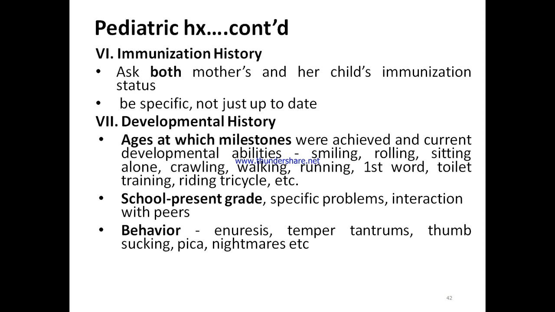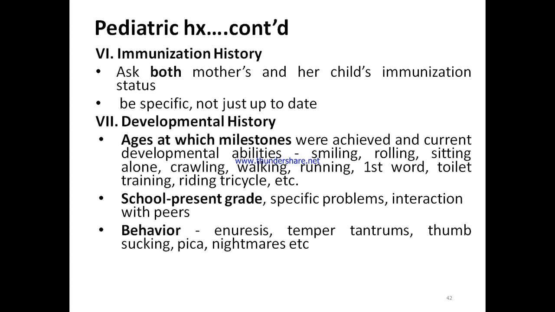School: present grades, specific problems or interaction with peers, or whether the child fights with his peers or not. It's a very important part of pediatric history, especially developmental history.